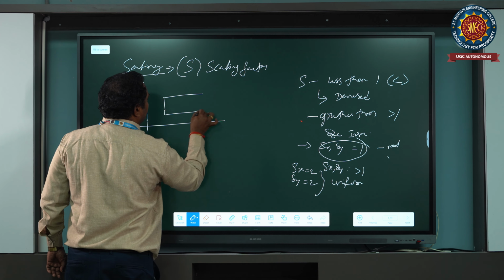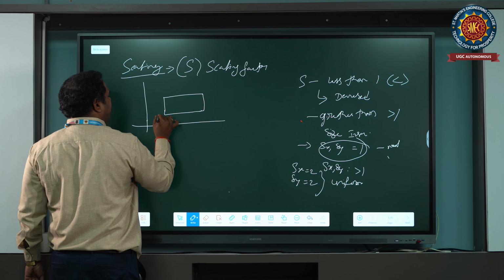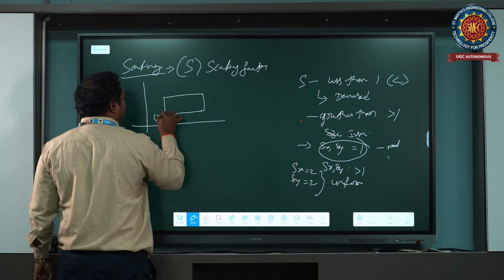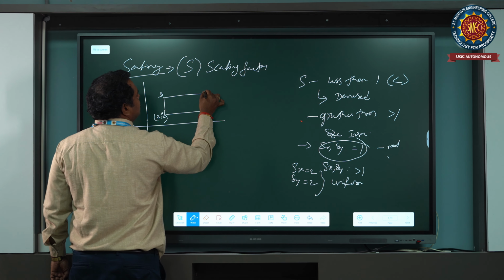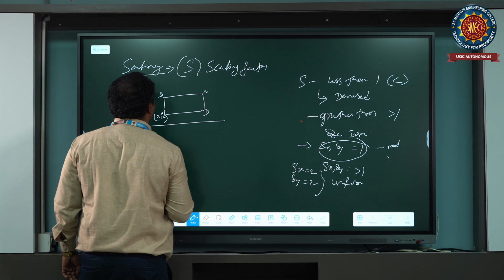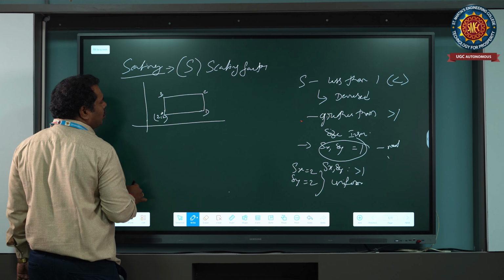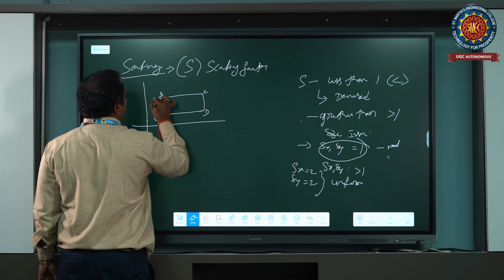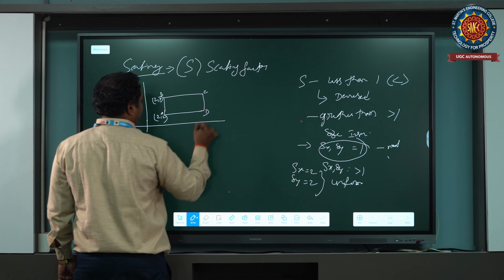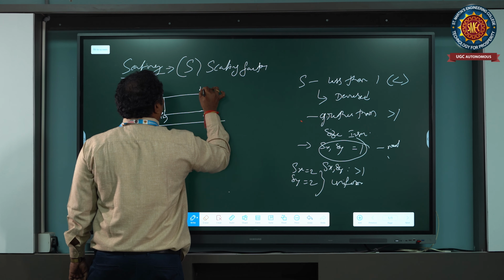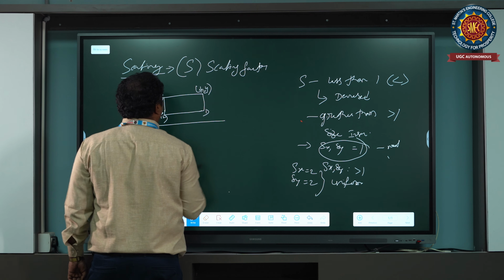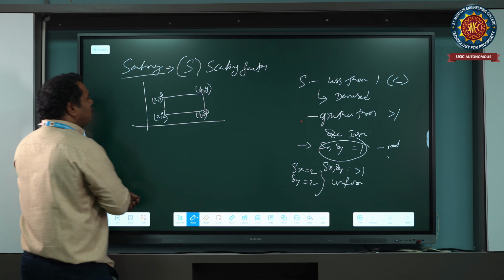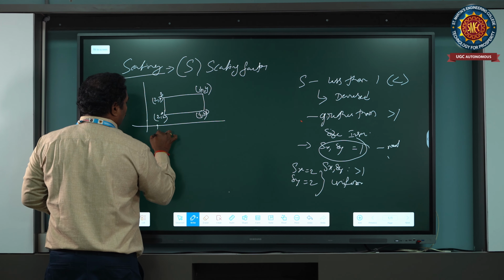Then the points are A, B, C and D. A point is (2, 2), B point is (2, 4), C point is (4, 4) and D point is (4, 2).